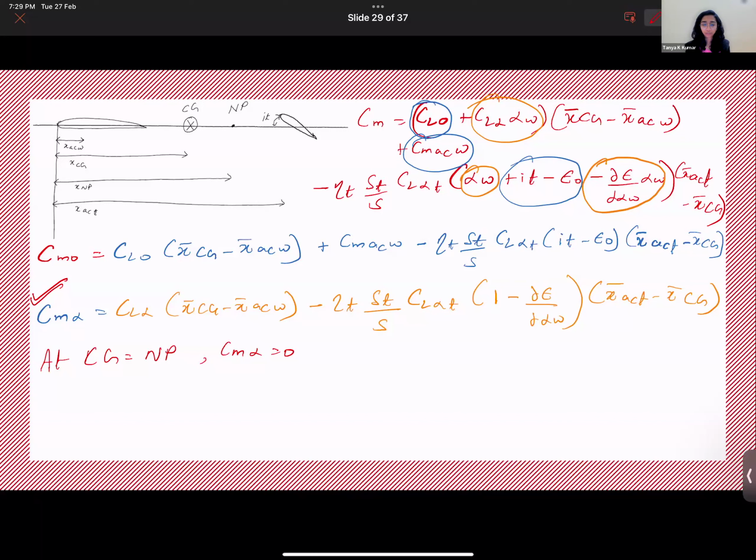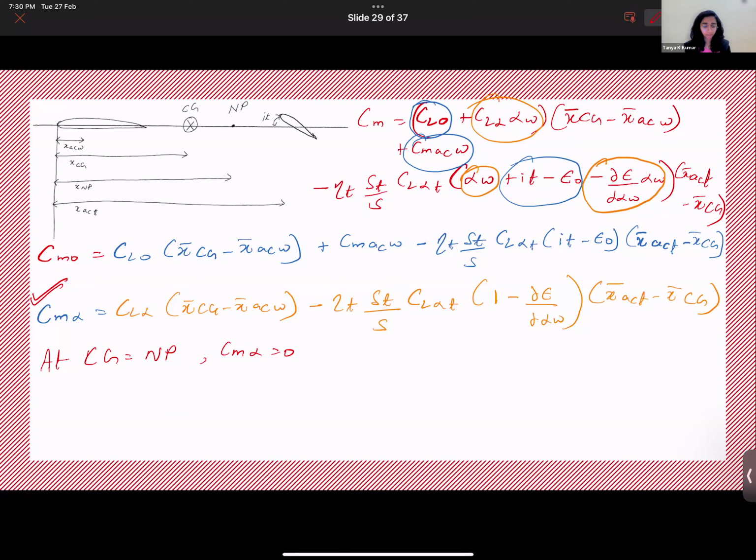So in place of XCG, you will write XNP. And wherever you get CM alpha, you put 0. Let's just do it.